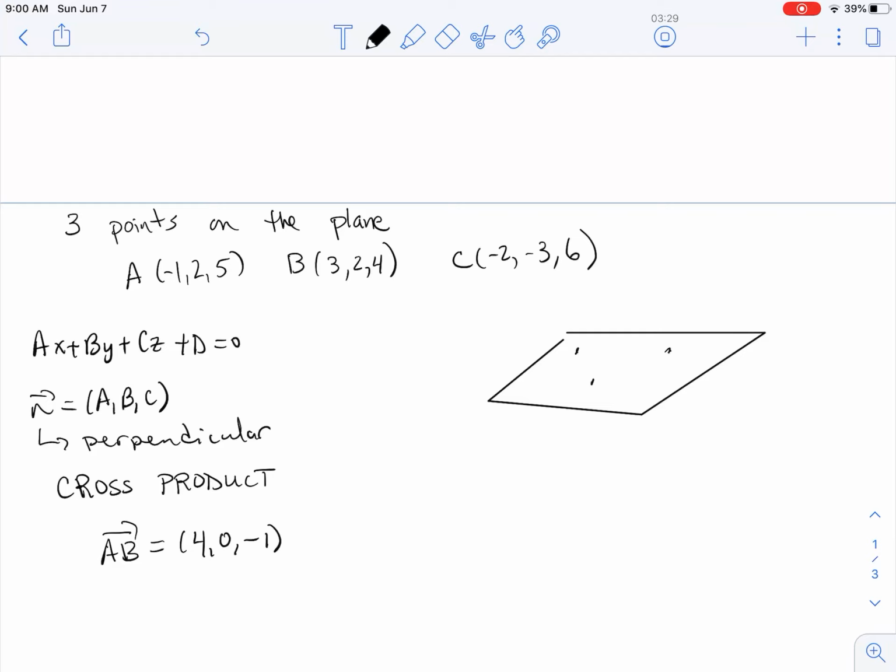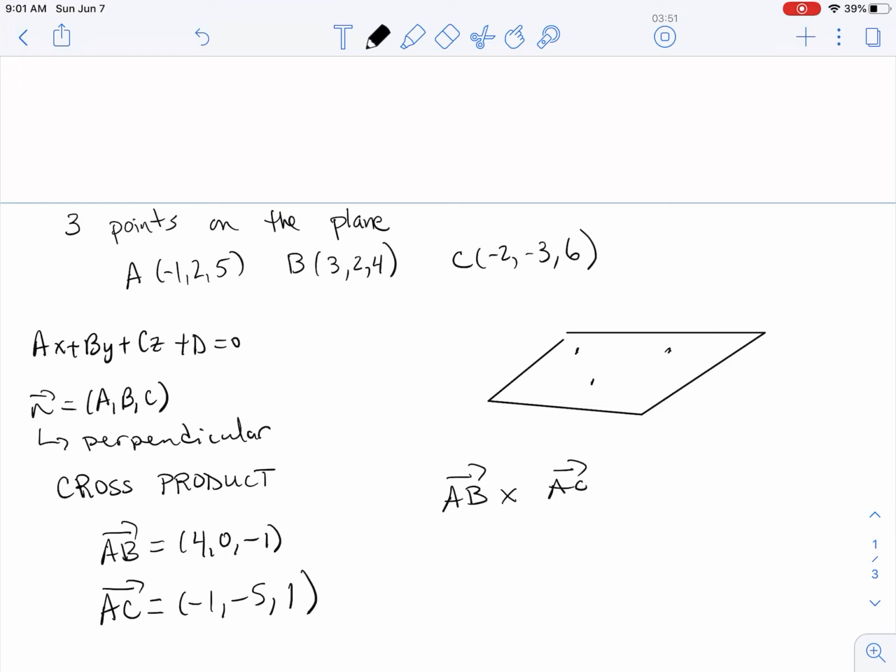And again, you can refer to a prior video on how to change X, Y, and Z. And I'm going to go for AC. Now I'm going to cross those two.